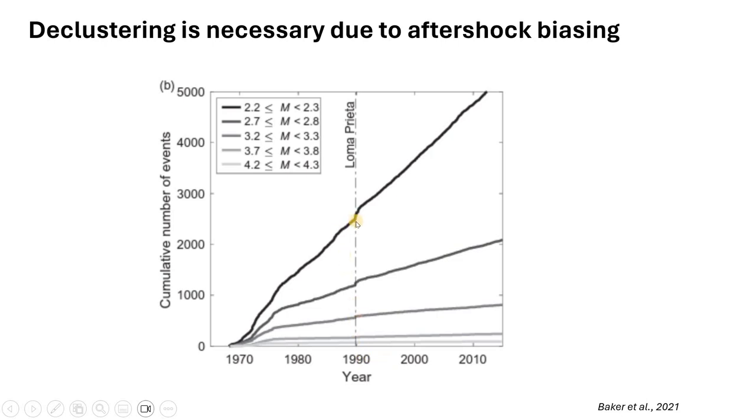It was one big event, but it had many hundreds of aftershocks, which actually created a noticeable impact on the statistics of magnitude frequency. So if we don't remove these aftershocks, then it really biases our catalog towards these smaller aftershock events, when what we really want that catalog to be biased towards is the single large event, because that's the one that we really care about.